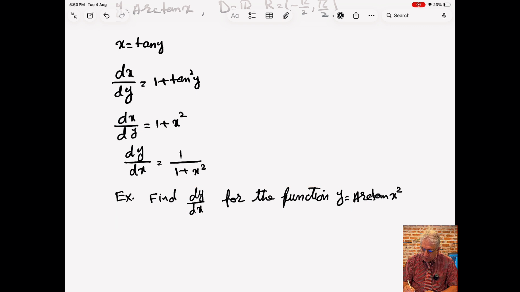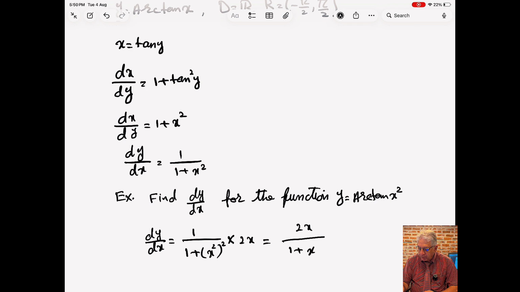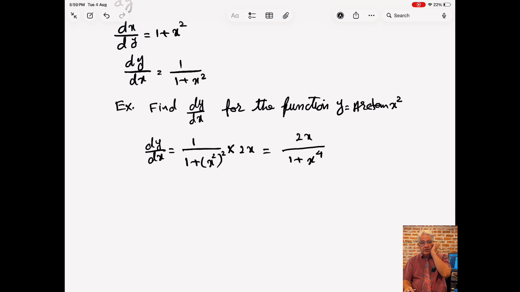Again you can see that it is u here, therefore we are having 1 divided by 1 plus u squared, where u squared will be x squared, times du by dx, which is 2x. Therefore, the final answer will be 2x divided by 1 plus x to the power of 4. So this is the derivative of arc tan.